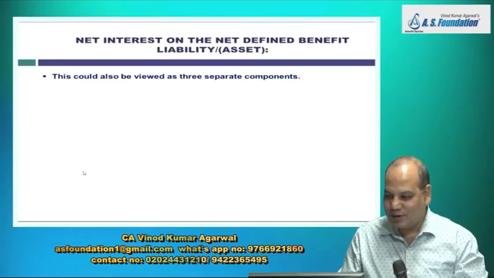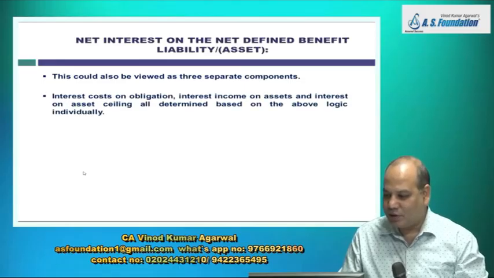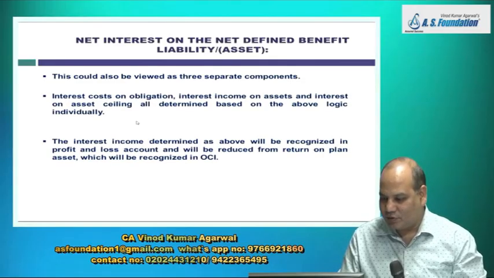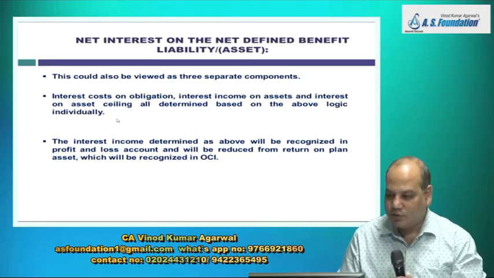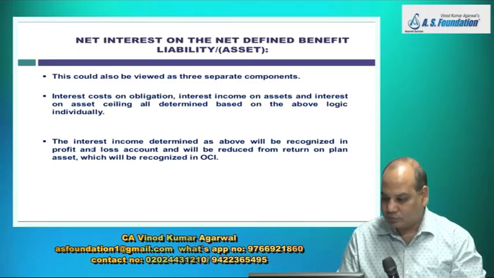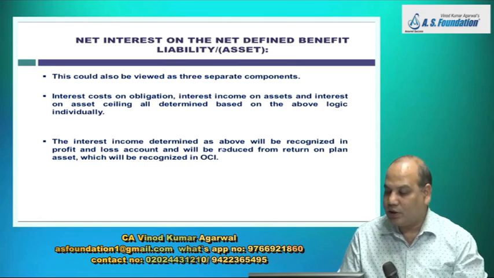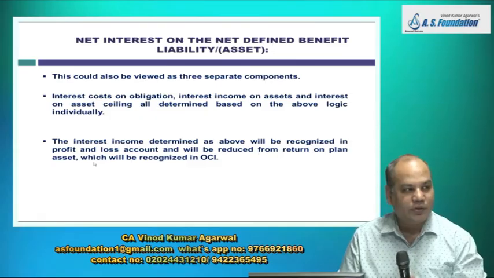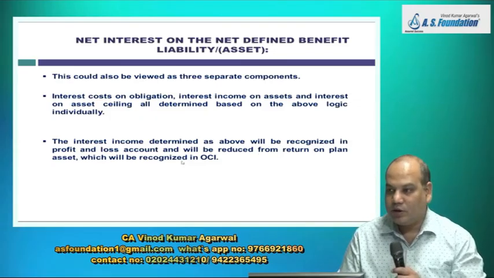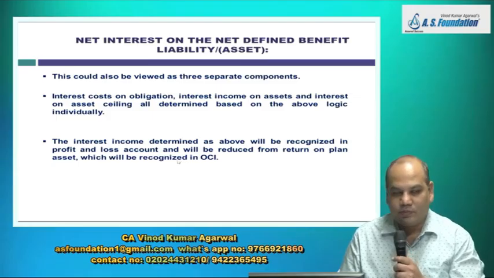Now come to next paragraph. What is the presentation of interest in the financial statement? The net interest that we calculated will be shown in P&L account as finance cost. The interest income determined as above will be recognized in P&L account and will be reduced from the return on plan asset, which will be recognized in OCI.